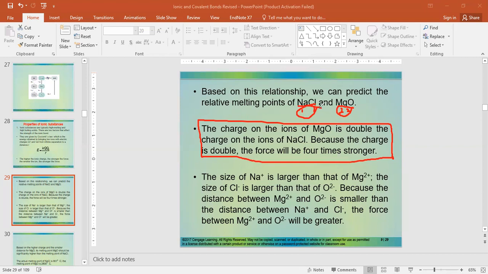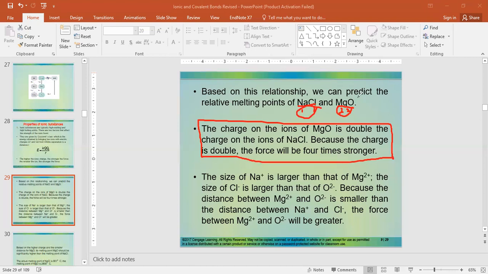And I'm saying that there are other factors that are going to come into play, and you can see I've already started talking about the size of that particular atom or ion. So that statement was because this statement confines us to the size of the charge.